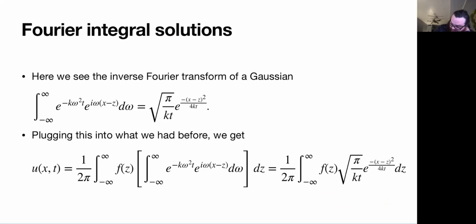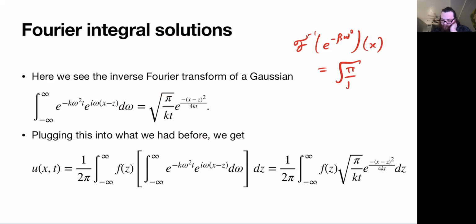So recall that we have an explicit formula for the inverse Fourier transform of a Gaussian. I can write it here. The inverse Fourier transform of e to the minus beta omega squared, valued at point x, was square root of pi over beta times e to the minus x squared over 4 beta.